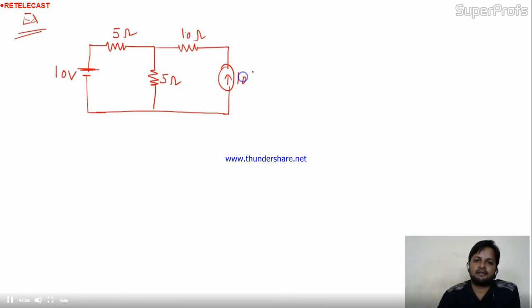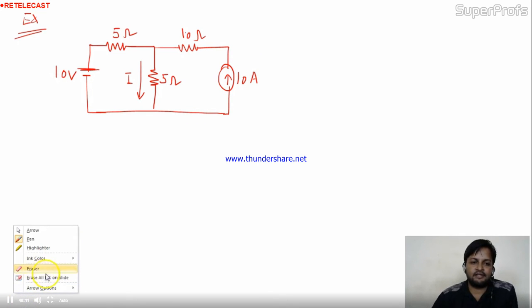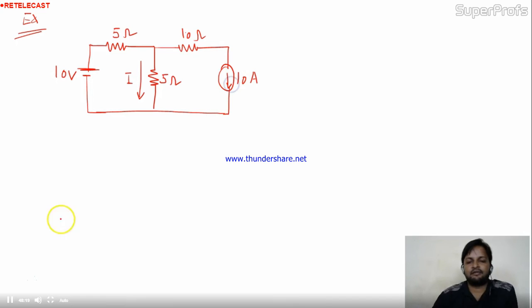Current source 10 ampere, and my task is to find out this current I. The direction of this current I'm changing; I'm taking the opposite direction, for better clarification, to this side. By SPT we have to find out I.